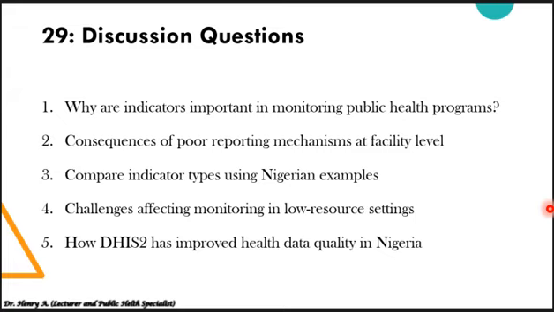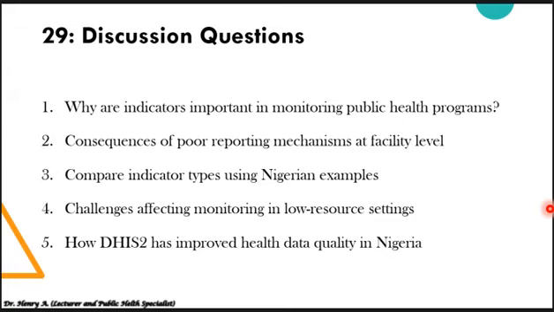We also see poor logistics and stockouts, which disrupt service delivery and data collection. We also see limited human and financial resources. We have also seen inadequate data quality assurance mechanisms. The lecture notes that we talked about emphasize that even strong interventions will fail when monitoring systems are weak.